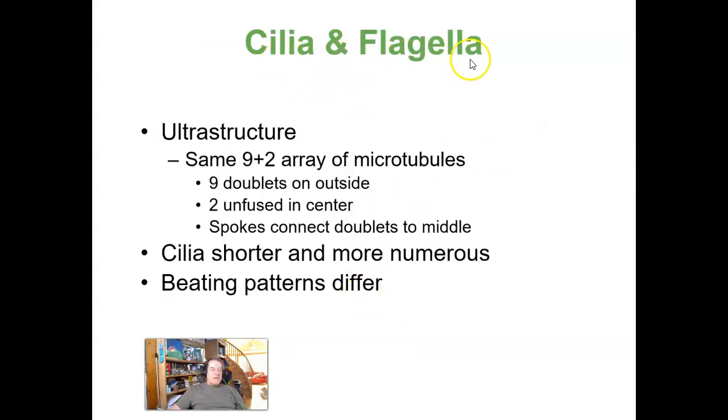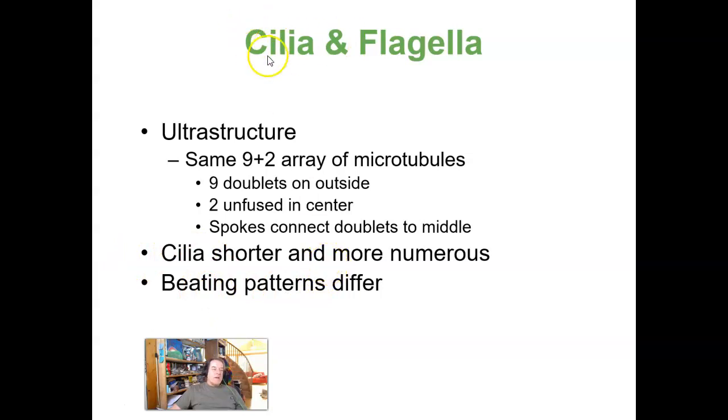Cilia and flagella in all eukaryotic cells are activated and manipulated by microtubules. Cilia are short, and there's lots and lots of them covering a cell. In some single-celled organisms, they are how that cell swims through its environment.